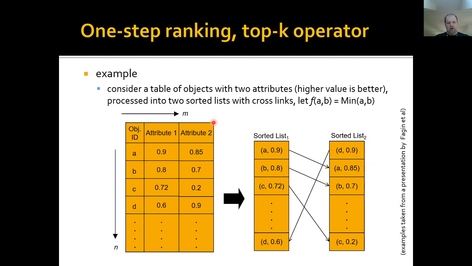And now we need to process the top K operator. For this, we need all of the rankings to provide the sorting with respect to the score. So this cannot happen in one table. We have attribute 1 sorted, like here, but the second one cannot be sorted the same way in the same table.